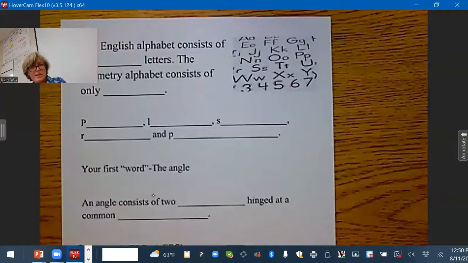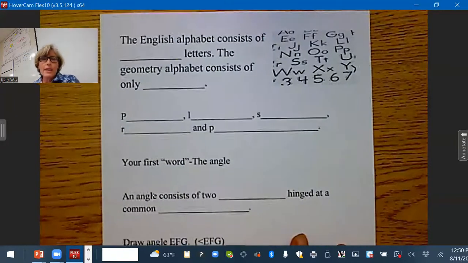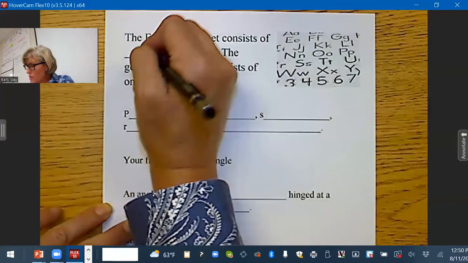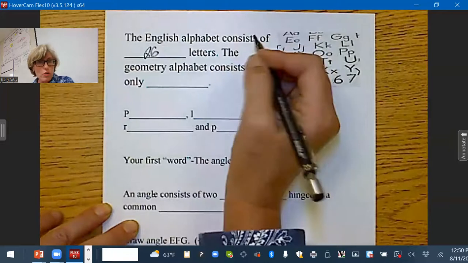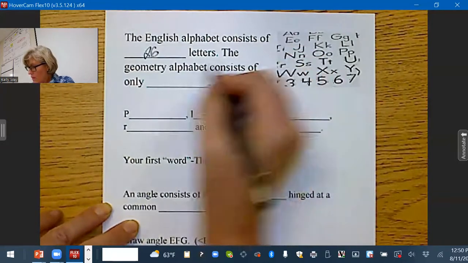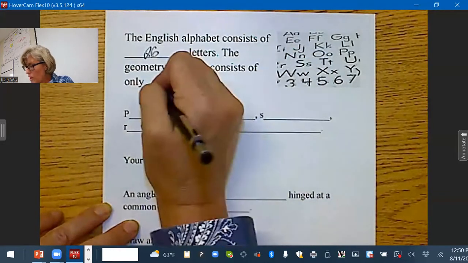Next page, 26. The English alphabet consists of 26 letters. Geometry alphabet consists of only 5.